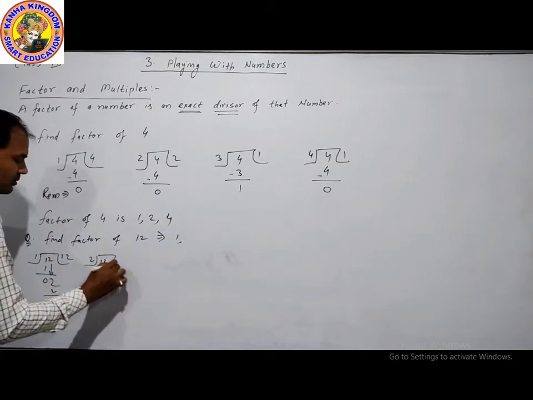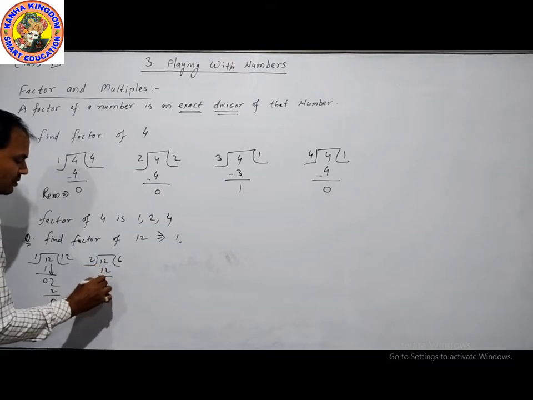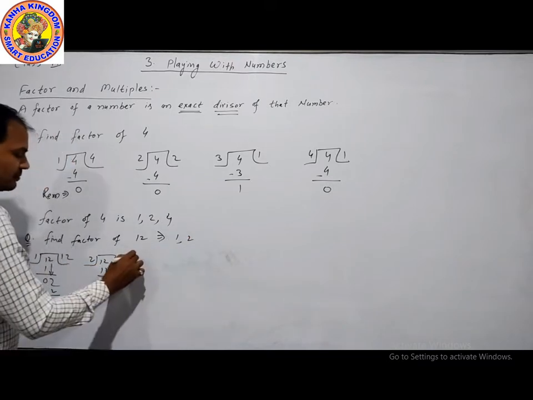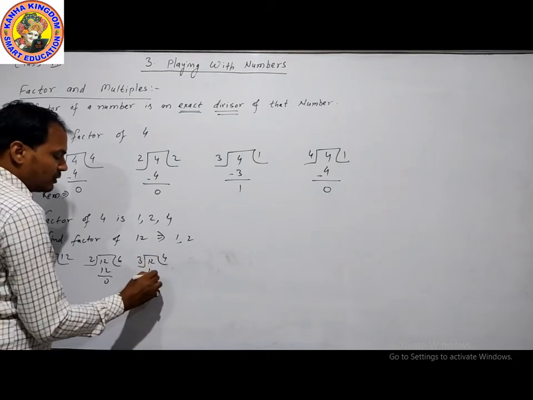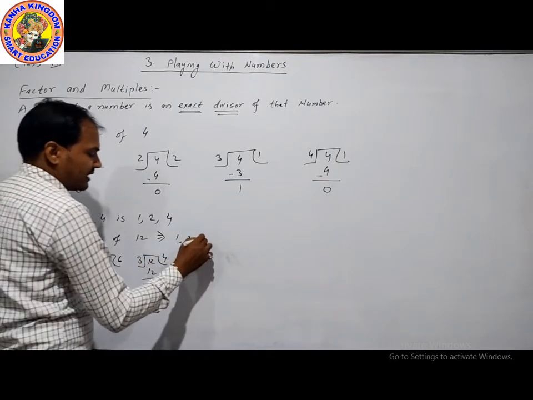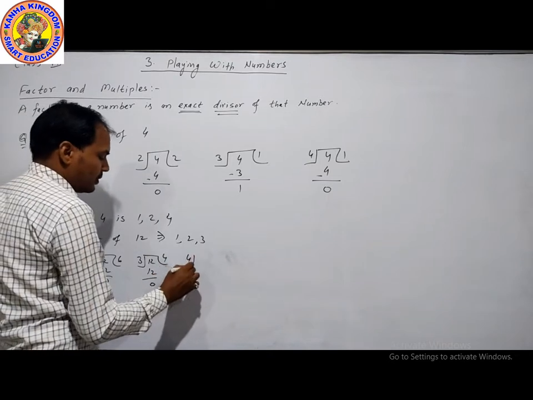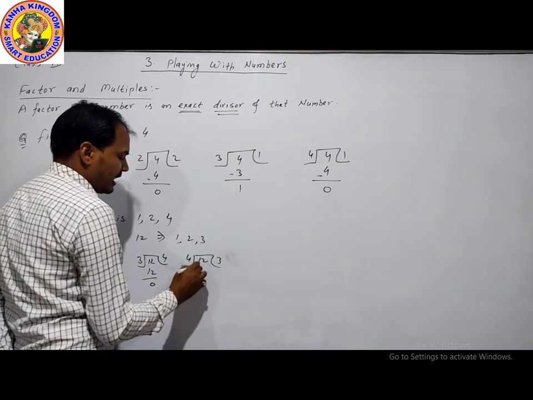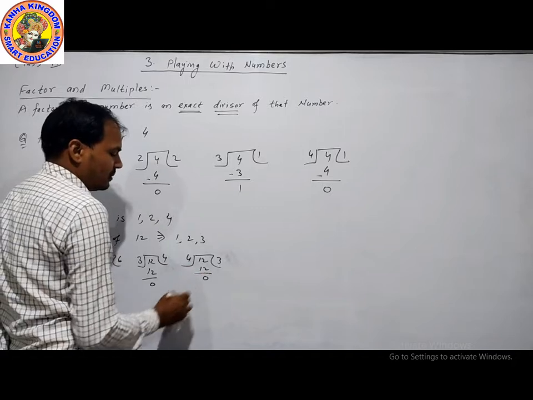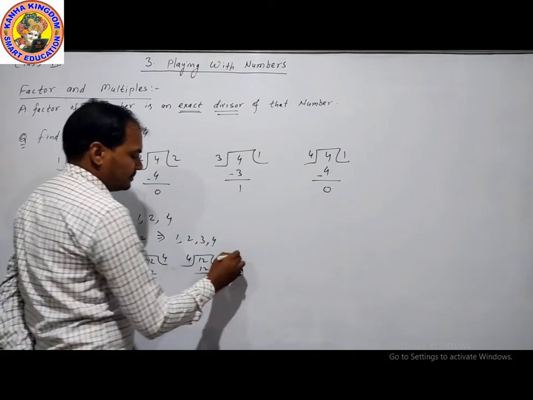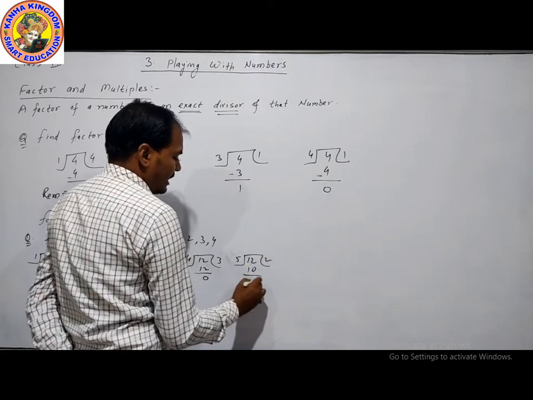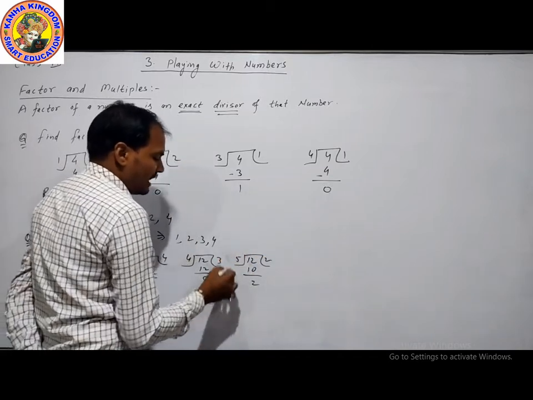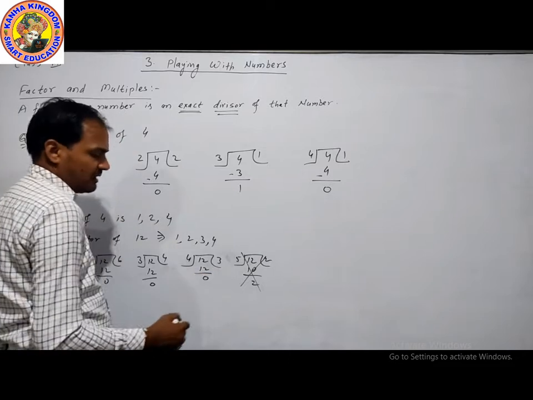Then 2: 6 times 2 is 12, remainder 0. Now the factor is 2. Then 3: 4 times 3 is 12, remainder is 0. So the factor is 3. Then 4: 3 times 4 is 12, remainder is 0. Now the factor is 4. By 5: 2 times 5 is 10, remainder is 2. So 5 is not a factor of 12.